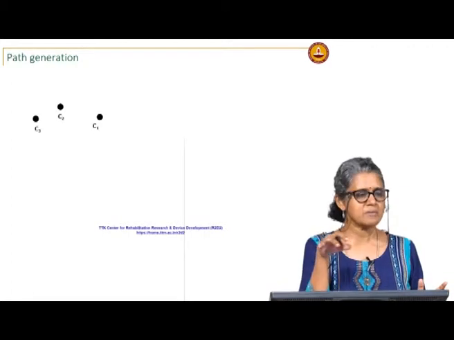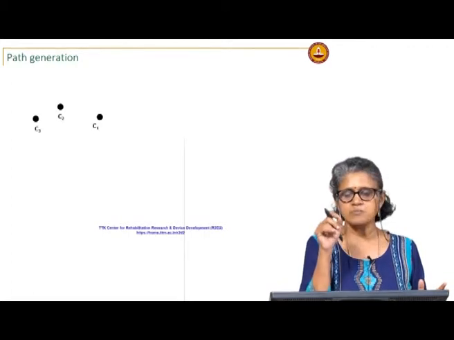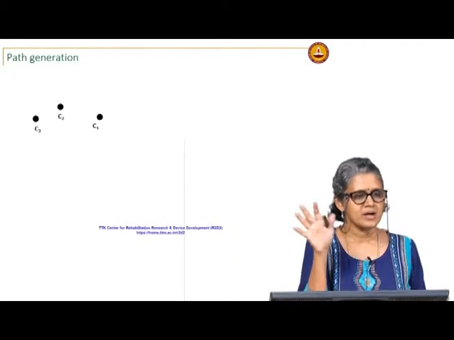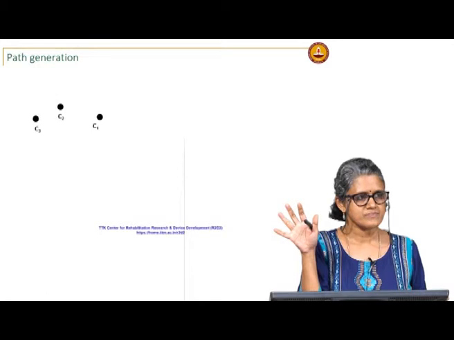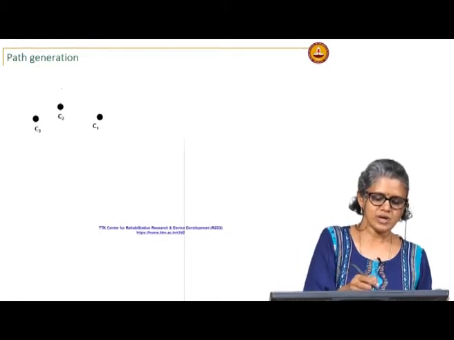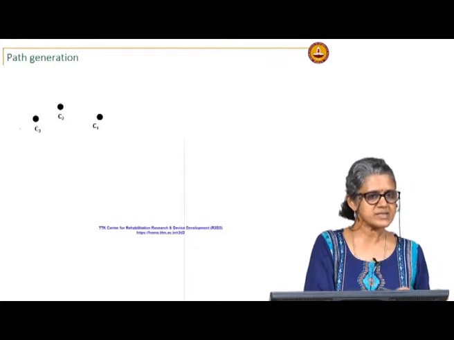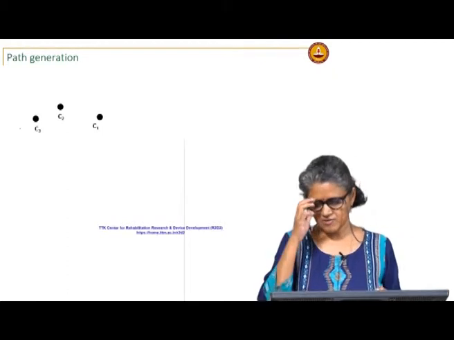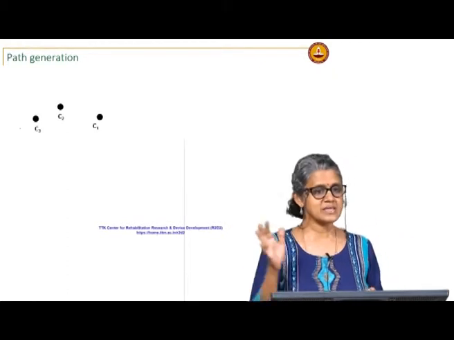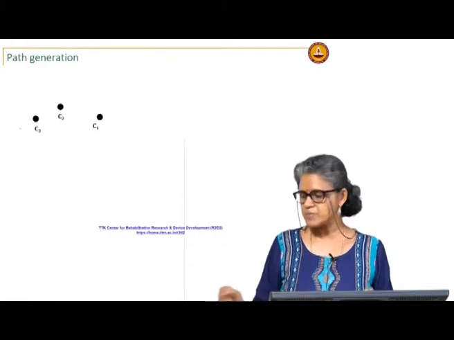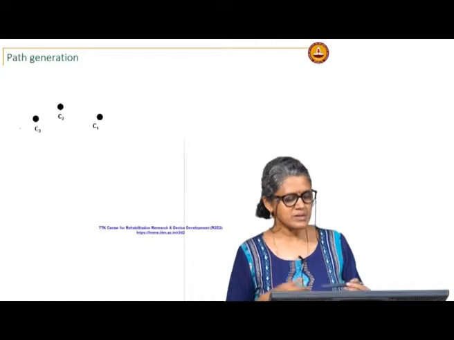You only care about certain points on the coupler hitting certain points in your workspace. Say you want a coupler point to come to C1, C2 and C3. If that is your design requirement, then it is actually easier than in the case of motion generation. It is less restrictive because you do not have the coupler orientation to worry about.